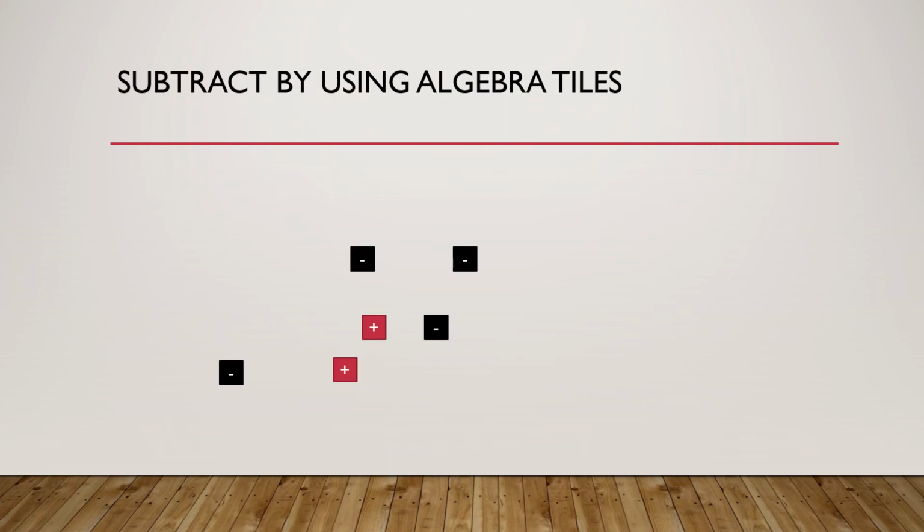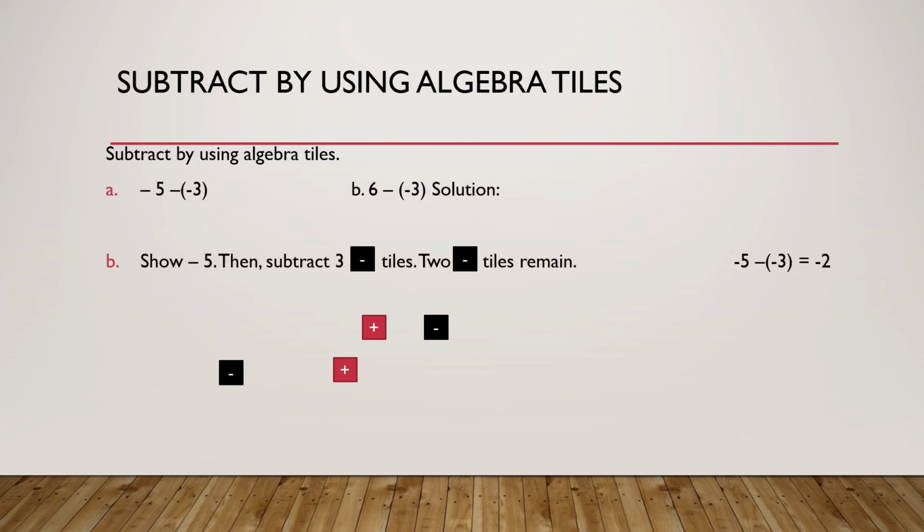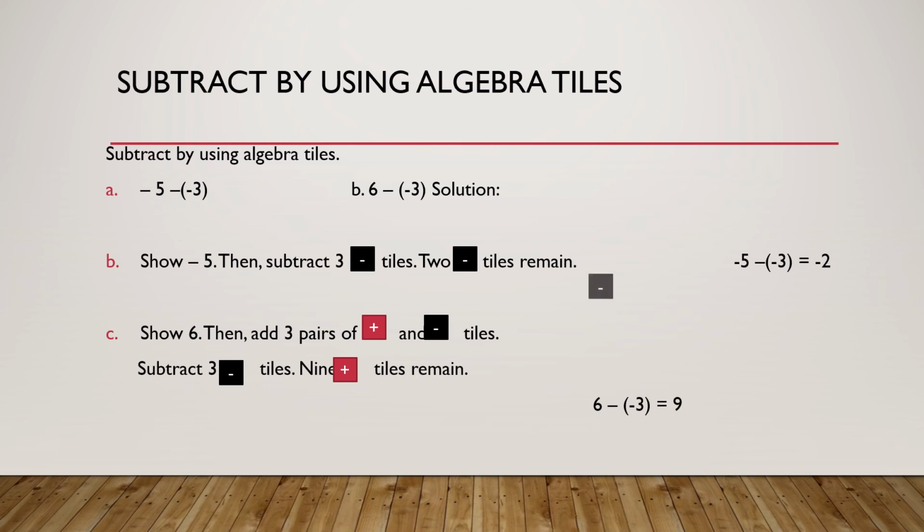We can also use algebra tiles. Okay? So, negative 5 minus 3. First, show negative 5, then subtract 3 negative tiles, then 2 negative tiles remain. So, parang ganito yan. So, we have 1, 3, 4, 5.